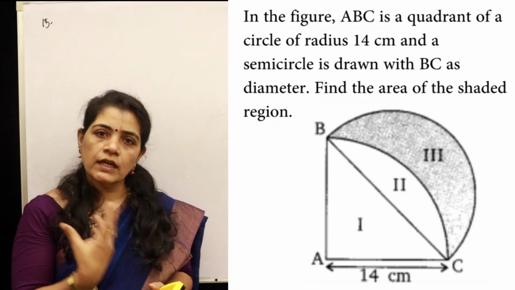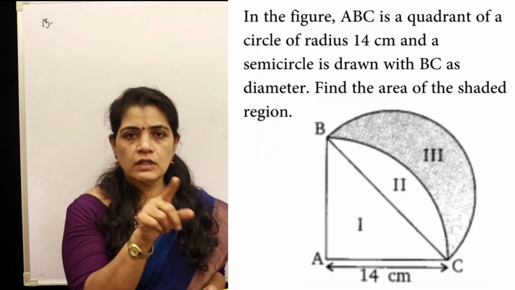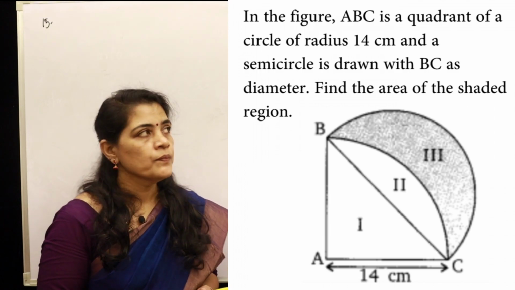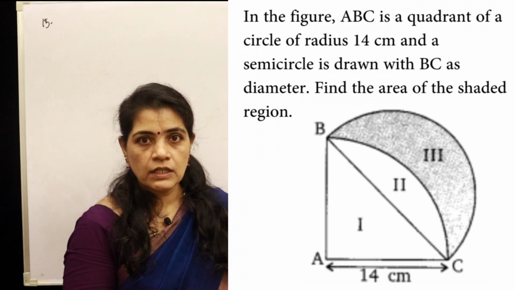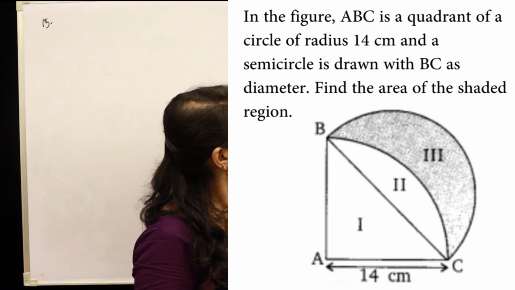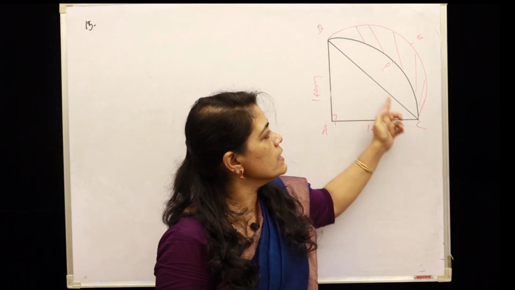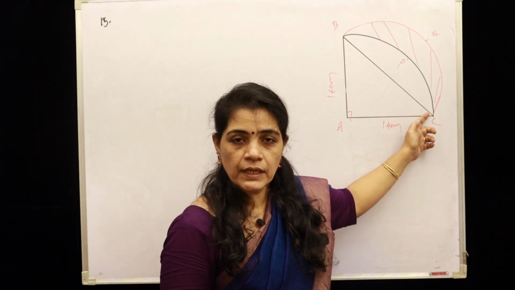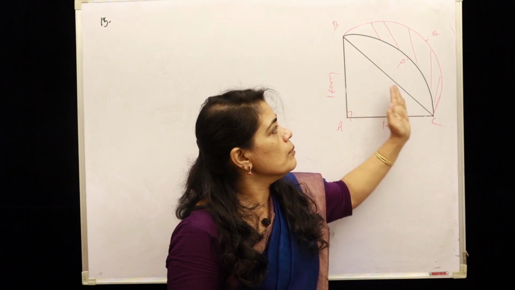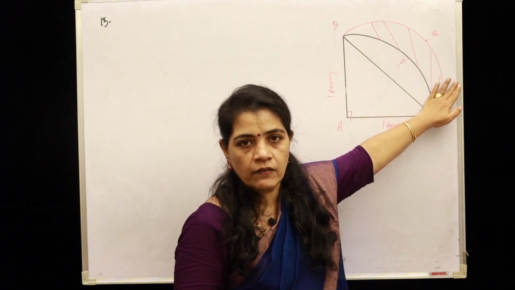Okay. So here in this problem, from seeing the figure, it is very clear, and also the shaded region is marked. So carefully notice what will be the area of the shaded region. Here if you close this portion, BC will be the diameter of this semicircle that is given.